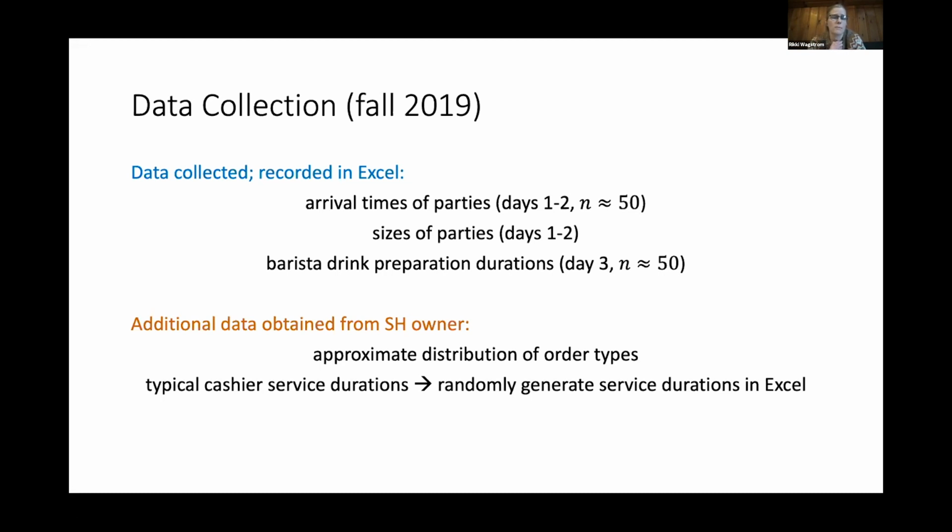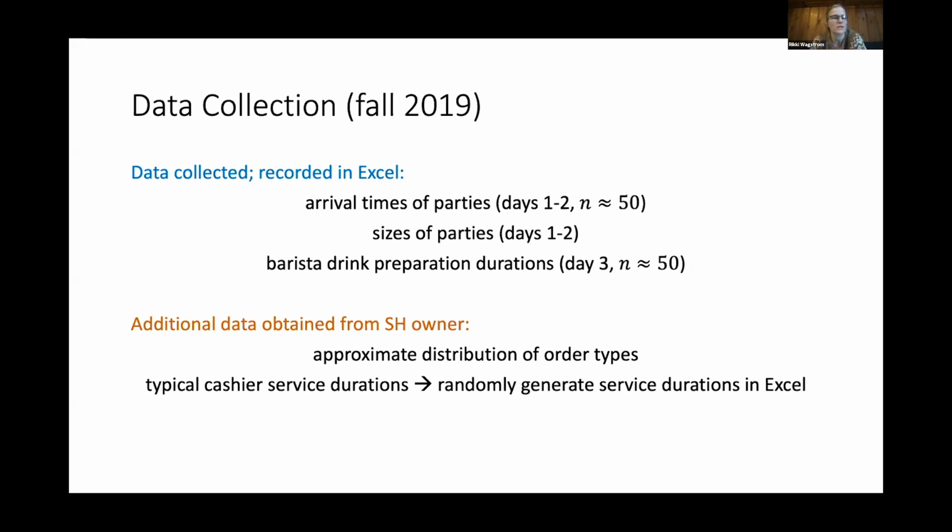The other thing I asked her about were typical cashier service durations. In other words, how long does it take for the cashier to process one customer? I thought about trying to collect that data, but that's an awkward collection of data to get. It would require me to sit next to the cashier and ask, and that's sort of an invasive thing to do. I wasn't even comfortable asking if I could do that.